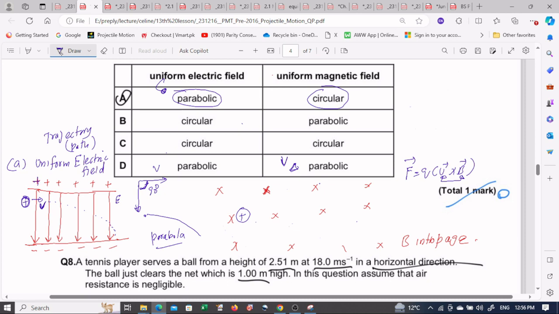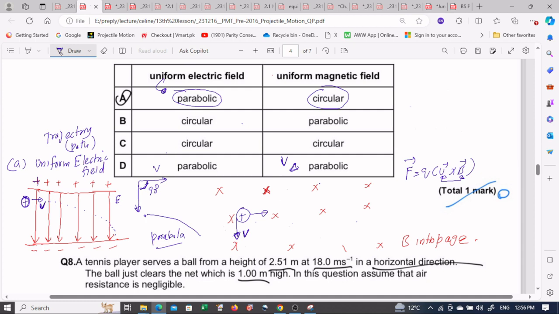So the charged particle enters the field with speed v. Now the magnetic force will be inward if we apply the right hand rule. As we know, the magnetic force is F equals Q into v cross B, the cross product of the velocity vector and the magnetic field.